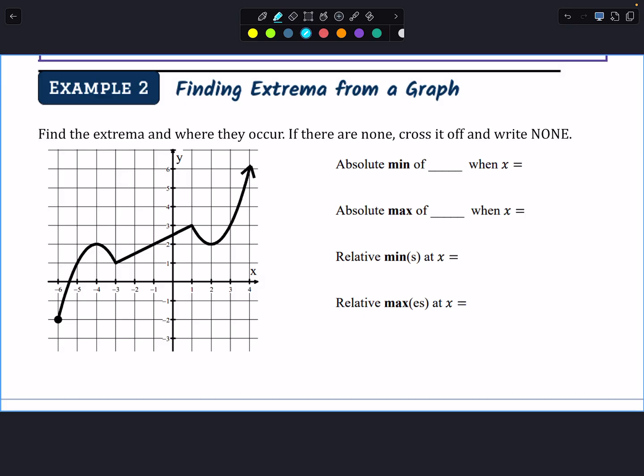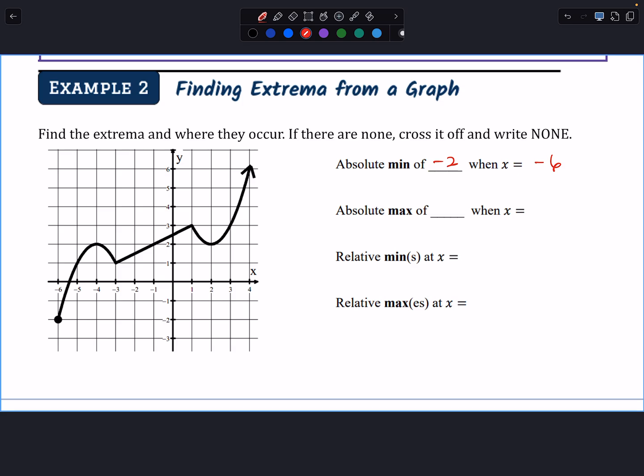Yes, thank you. Now, the way you're going to answer it is, what is the y value? -2? So it's at -2, and it occurs when x is equal to, what's the x value there? -6. Okay.